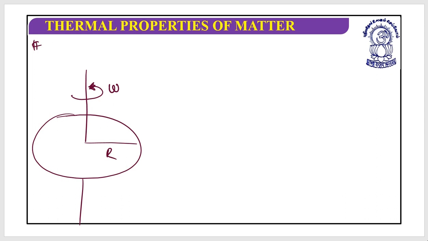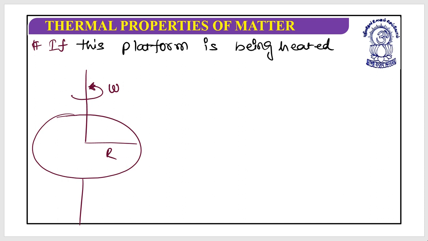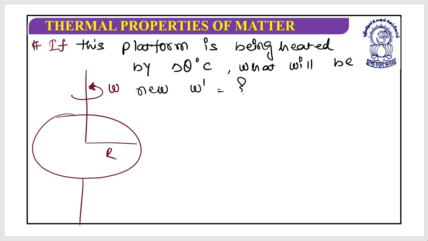The question says that if this platform is being heated by delta theta degrees Celsius, what will be the new omega dash? When I say what will be the new omega dash, I mean omega dash equals omega, or omega dash is greater than omega, or omega dash is less than omega. This is only my requirement at this point of time.